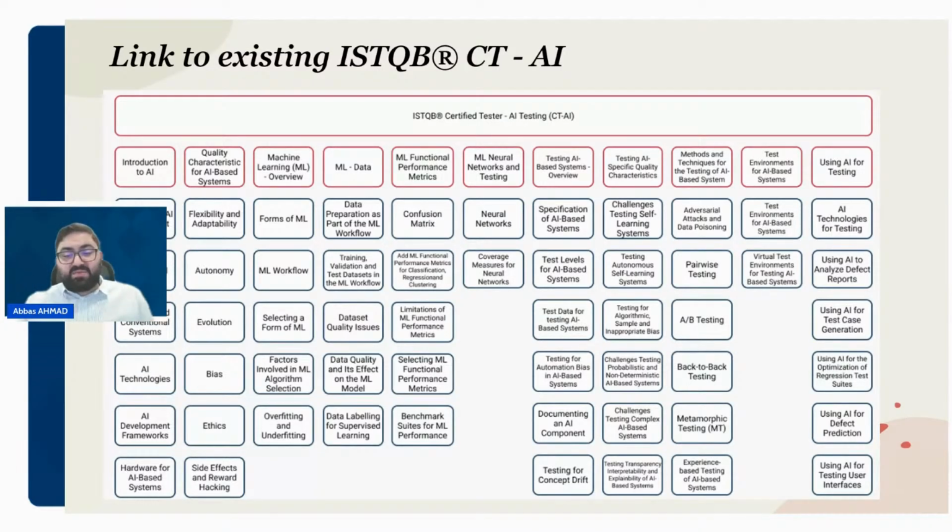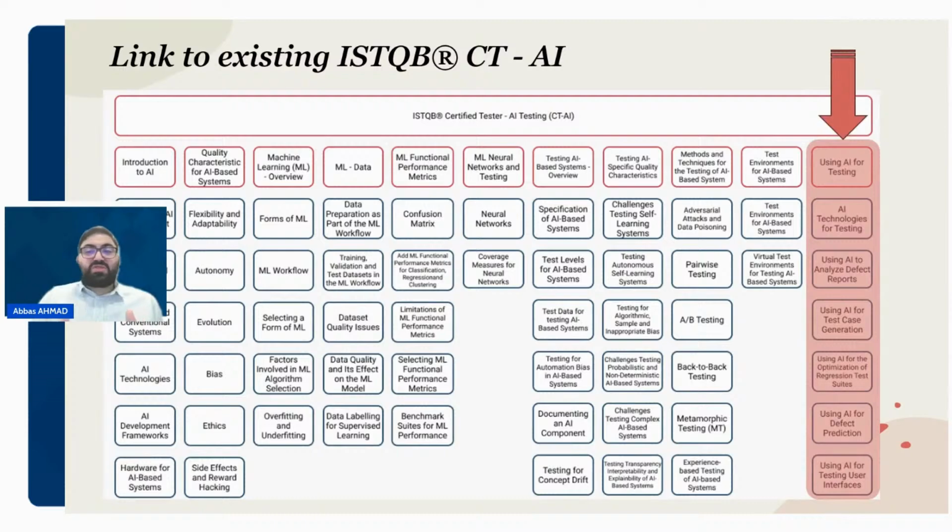In this syllabus, it's a really big syllabus with 11 chapters, but the last chapter speaks about using AI for testing. Based on that, we have links between this syllabus and our syllabus, because we are really focused on using AI for testing, so testing with generative AI, and we have a tight link with this last chapter of CT-AI.